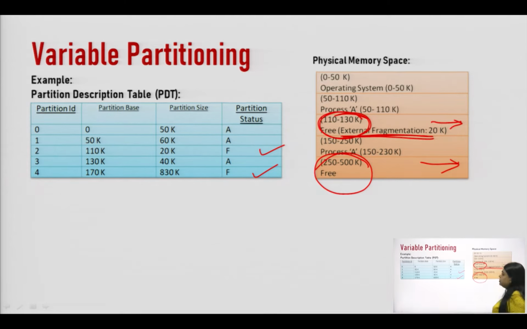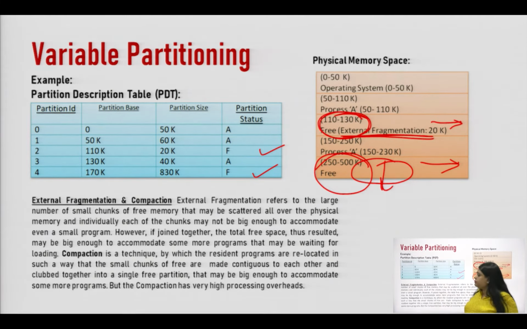So, this is the variable partitioning. You can see we can have multiple processes in this block, right. So, it is not restricting the number of processes that can enter the memory; it depends on the memory size. We have already discussed compaction and external fragmentation.